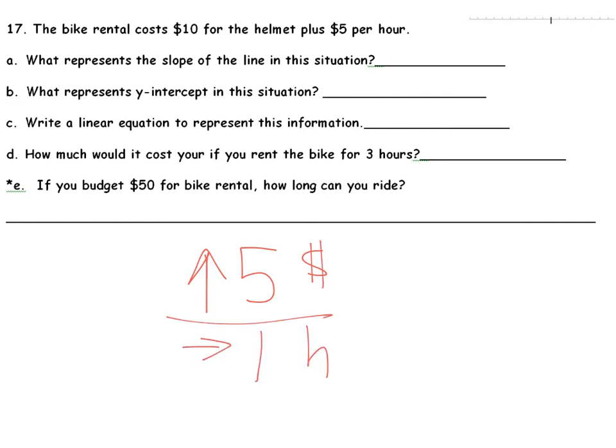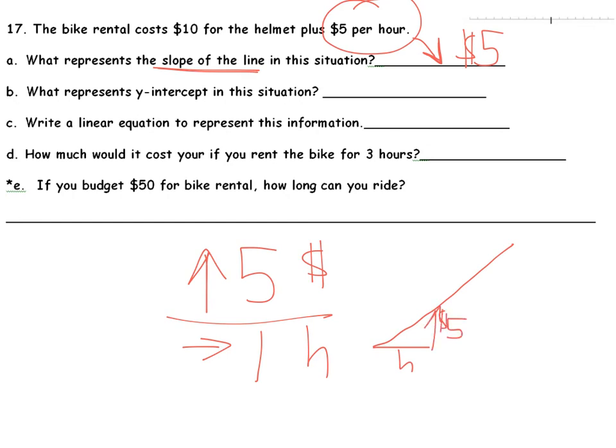So the $5 per hour is the cost that represents the slope, because every hour that I go over, it's going to go up $5. 1 hour over, $5 up. 1 hour over, $5 up. So 5 over 1 is the slope.